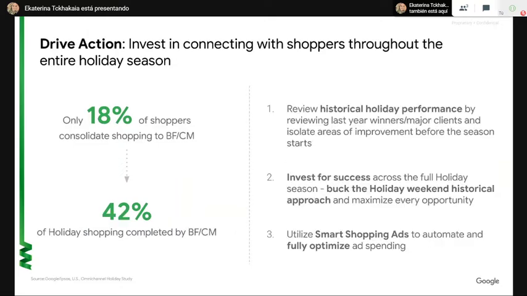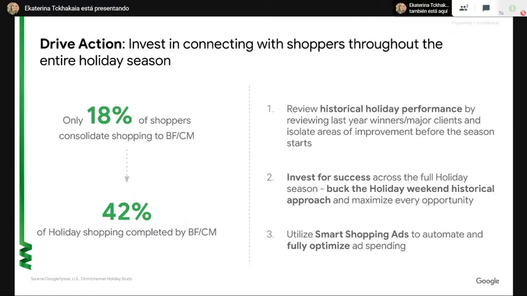And also drive action. It's a long holiday season and shoppers are completing holiday shopping far in advance of Cyber Monday. Only 18% of shoppers actually consolidate shopping to only Black Friday or Cyber Monday. So there's a lot of days that could be covered. First of all, you could review the historic holiday performance by looking at the last year's major wins and try to replicate this success this year.